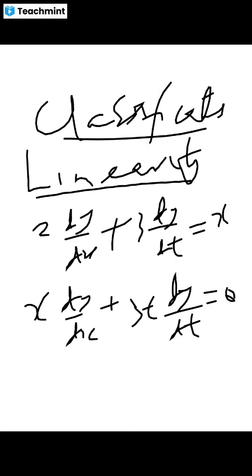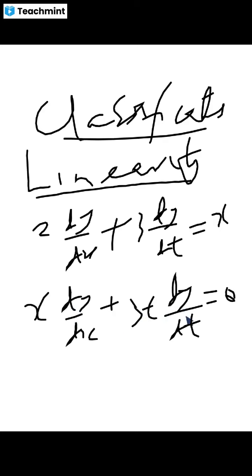You see that y is dependent on x, y is dependent on t, and we have x as the coefficient of this one and 3t as the coefficient of this one. So in this case, this is a non-linear differential equation.